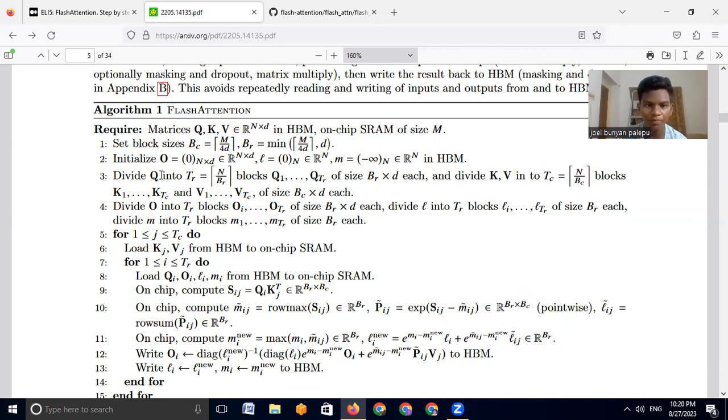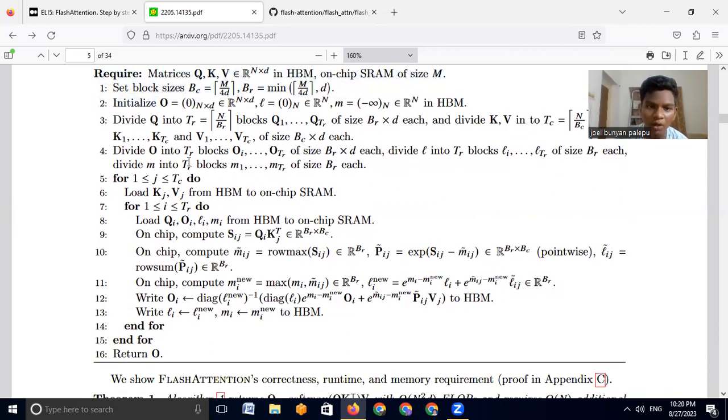So we'll get the Q and divide it into many blocks: we divide it into TR blocks, Q1 to QTR, of size BR times D, and divide K and V into TC blocks of size BC, so K1 up to KTC. And we divide O into TR blocks. This is the output.